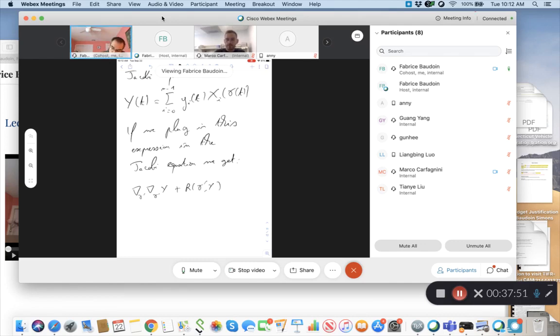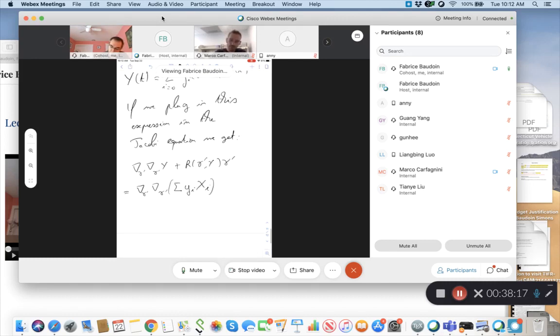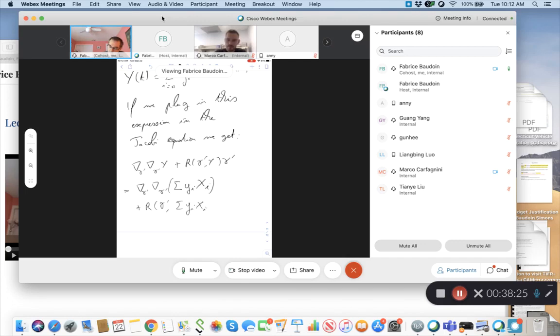So the first term is nabla gamma prime of the sum of the yi xi. The second term is R of gamma prime, sum of the yi xi, gamma prime.